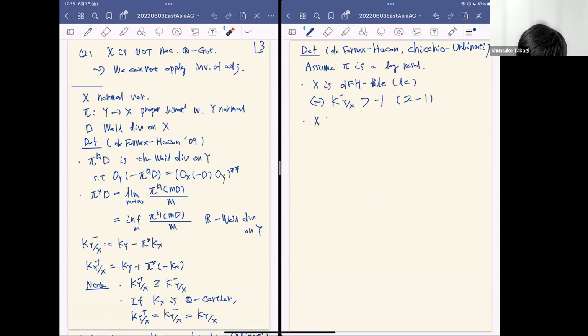We also say X is variatively KLT or variatively log canonical if the coefficients of K plus are greater than -1 or greater than or equal to -1.